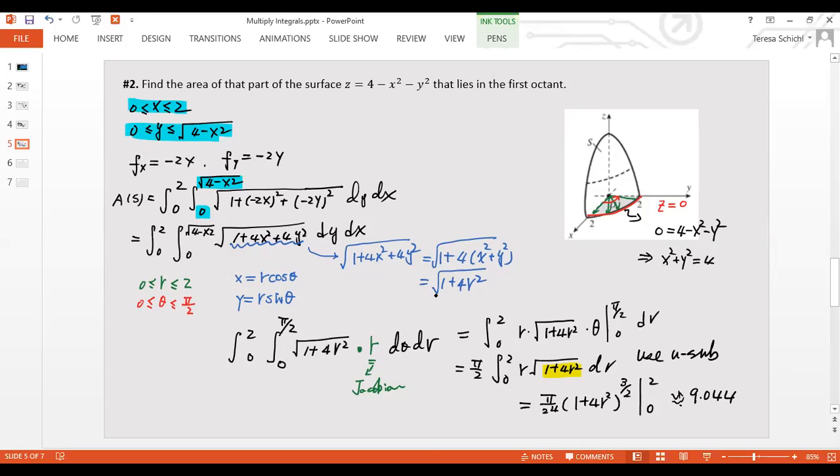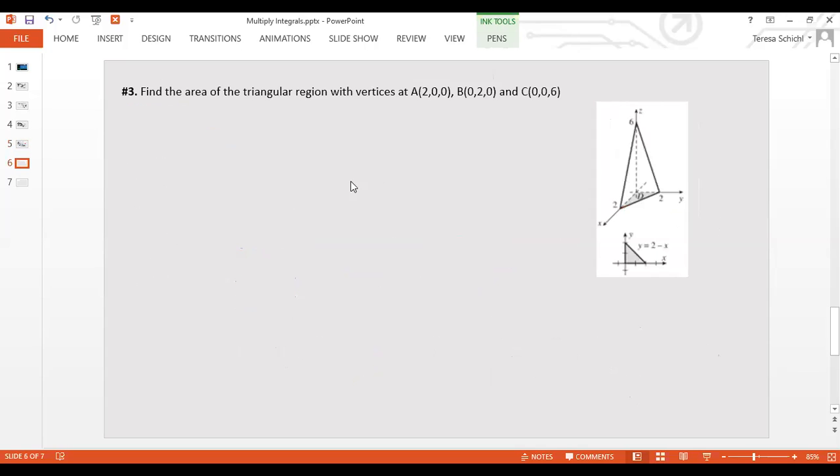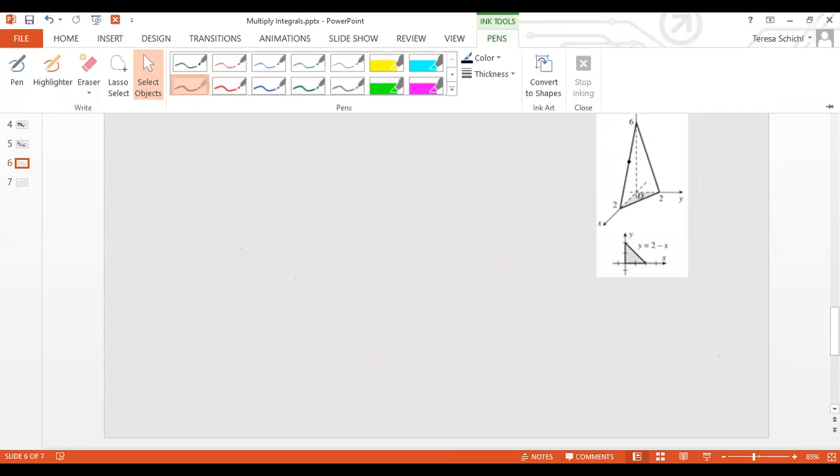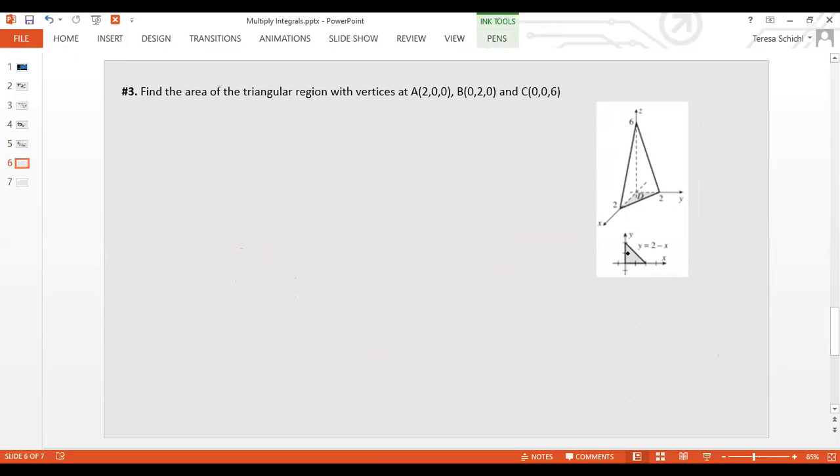All right, so now let's take a look at the last problem. In here they say I'm trying to find the area of this triangle at the vertices A, 2, 0, 0, B, and C here.